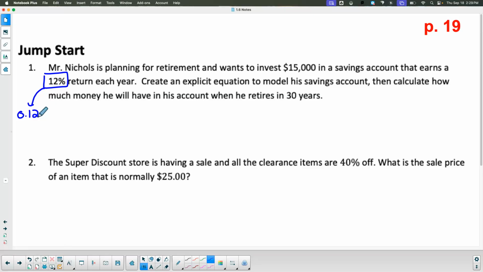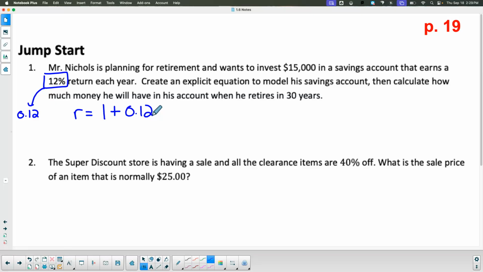Now he's investing. Does that mean it is going to be growing or shrinking? Growing. It says it's a 12% return, so it's growing. So my rate here is going to be 1 plus 0.12, because it's growing by 12% each year.